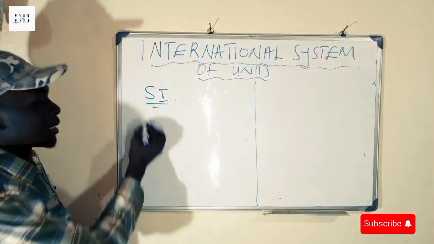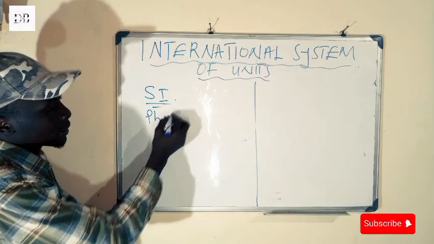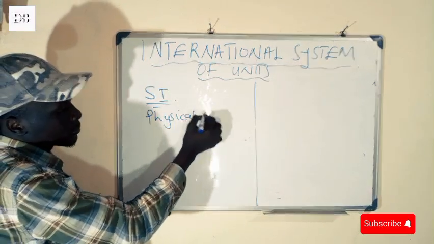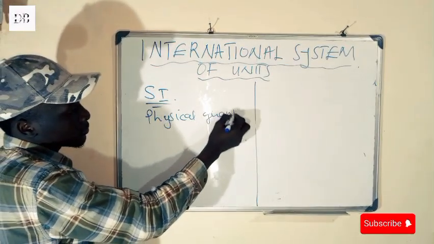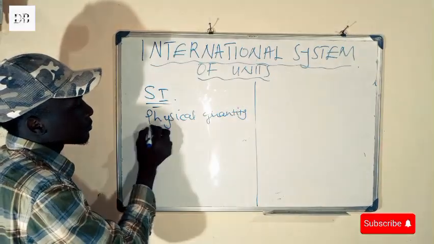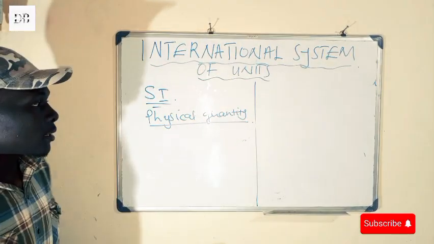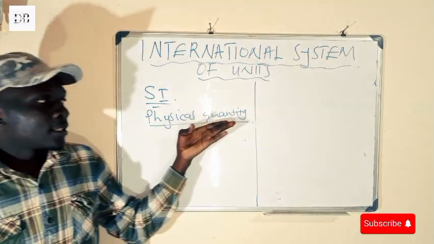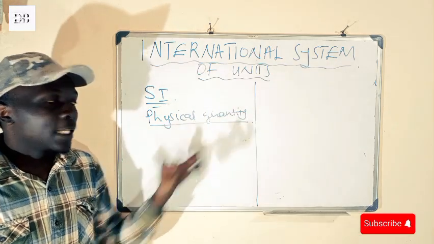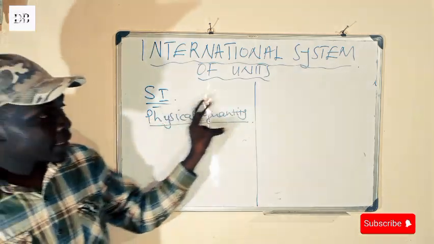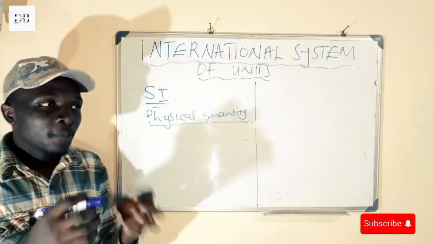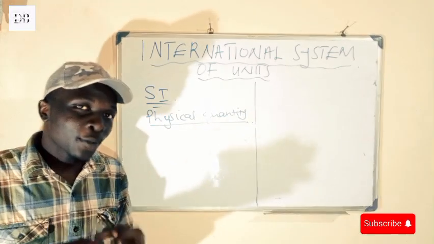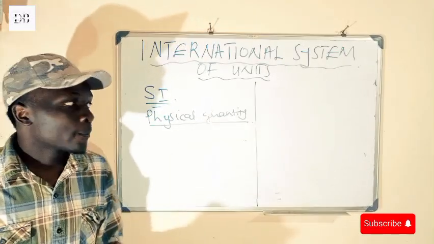Now we start with the term physical quantity. A quantity by definition, or the word quantity, simply means how much of something there is.